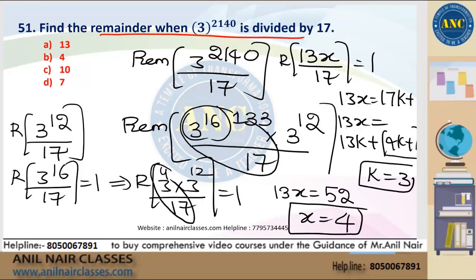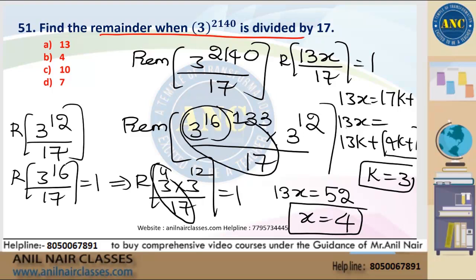3 power 2140 divided by 17. If the denominator is a prime number, numerator it will be 3 power 16 power 133 into 3 power 12. 3 power 16 by 17 is 1. 3 power 12 by 17, use the backtracking method which I taught you. 3 power 4 into 3 power 12 by 17. 3 power 4 by 17, 81 by 17. 17 fours are 68, 13. 3 power 12 by 17 I require.